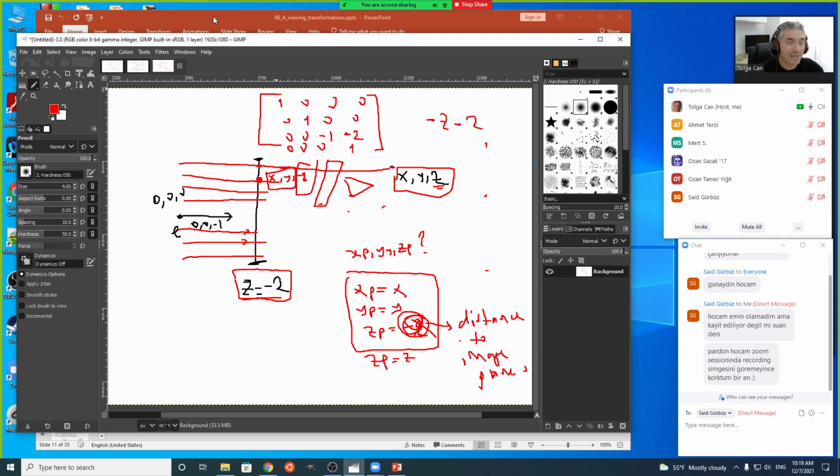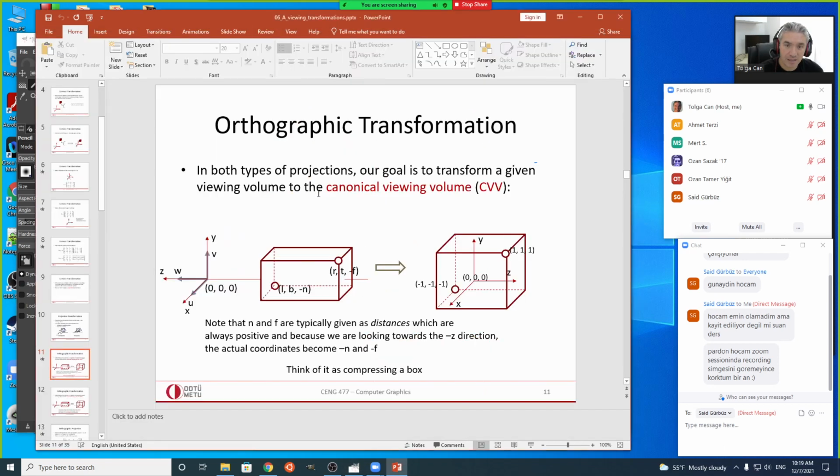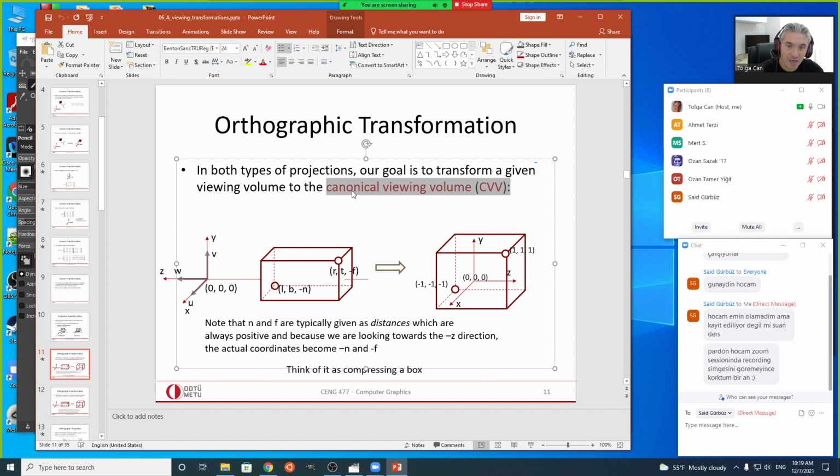It's for standardization of different coordinate systems. We are going to use something called the canonical viewing volume. This canonical viewing volume means that it's a viewing volume that is going to be understood the same in every graphics processor unit. So this canonical, you can understand it as a standardized viewing volume, regardless of your units in the world coordinate system, or a normalized viewing volume.